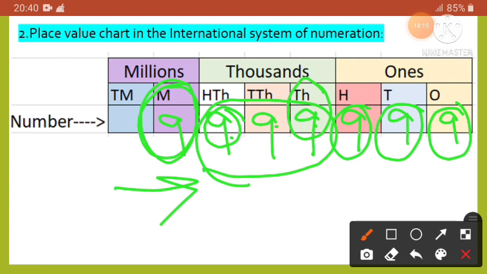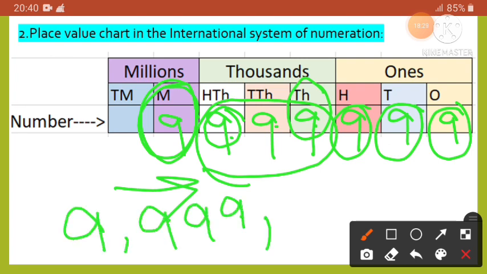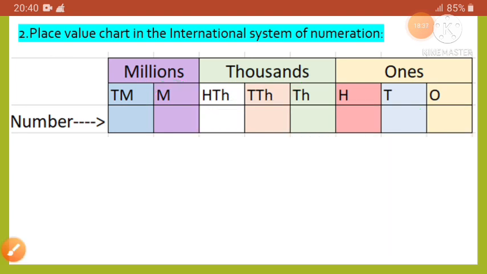If you want to write it in figures in the international system, you have to use the commas in appropriate places, so it will be 9,999,999. Okay, got it?